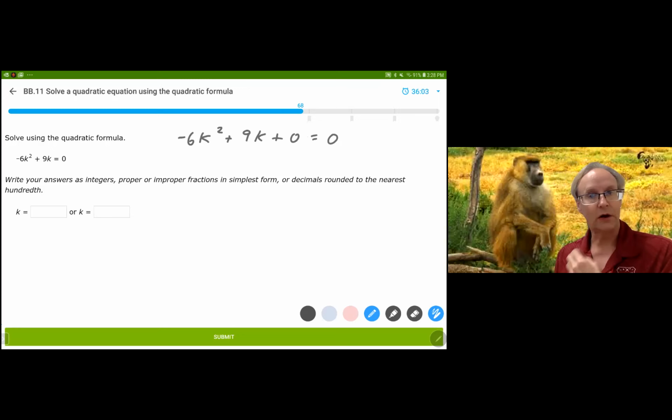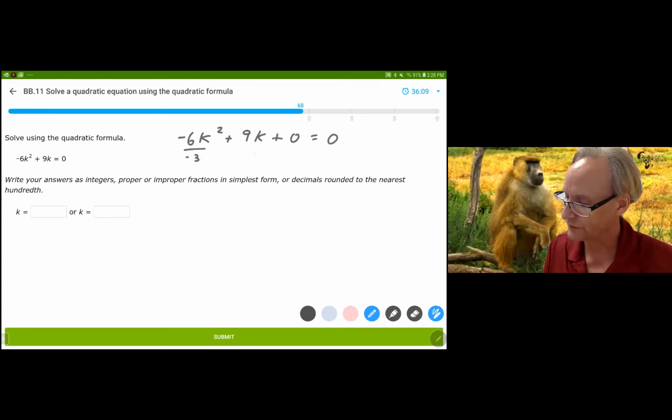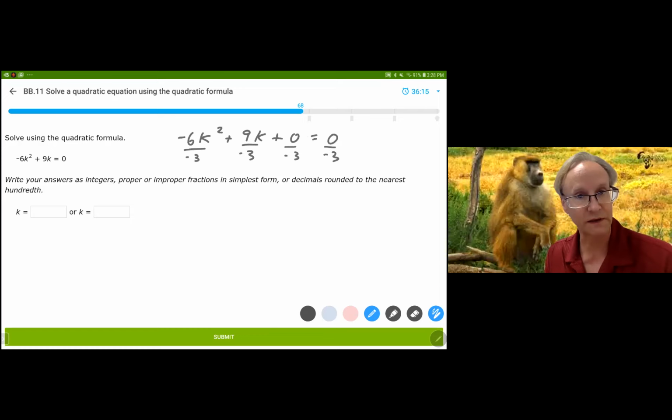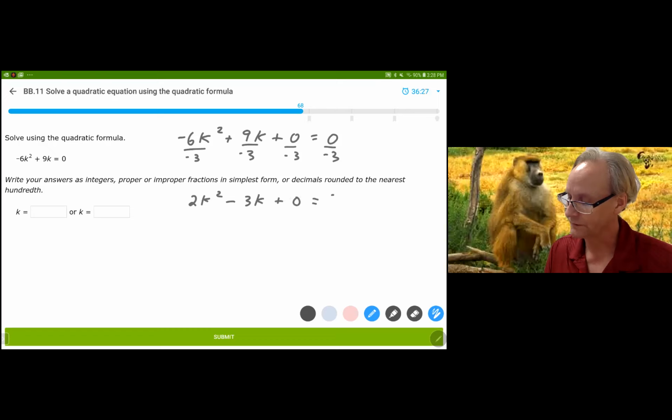But notice that all of these terms are divisible by negative 3. And I just want to show you something here. Now, you don't have to do this. It will work if you just put in a is negative 6 and b is 9 and c is 0. But notice that this is the same as 2k squared minus 3k plus 0, of course, is equal to 0.